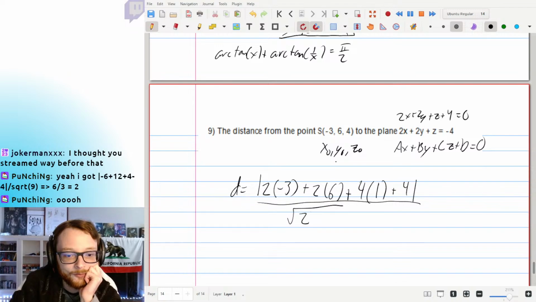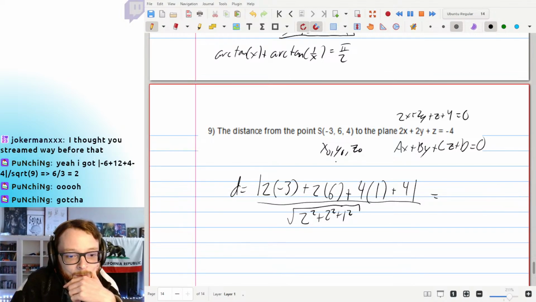The bottom is 2 squared plus 2 squared plus 1 squared. So I assume that's the source of the issue there. So I'll go through and follow the actual calculation, but that's probably just the problem right there. -6 plus 12 is 6, plus 4 is 10, plus 4 is 14. 4 plus 4 is 8, plus 1 is 9. The root of 9 is 3, so 14 over 3.